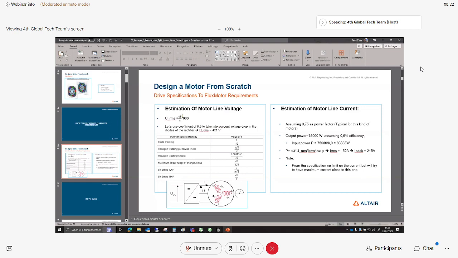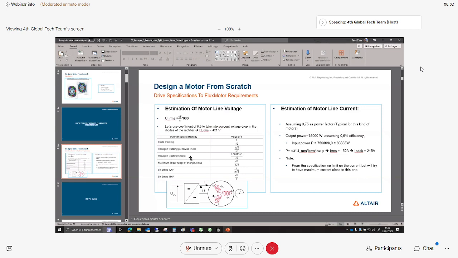So this DC voltage will give us the phase-to-phase voltage through this coefficient, square root of 6 divided by pi. And then once we choose the inverter control strategy, actually for this kind of inverter control strategy, it makes sense to make some preliminary analysis thanks to PSIM in order to choose the right control strategy.